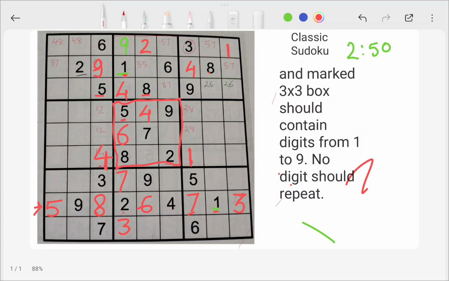In this box only 2 numbers are left, 1 and 3, and 1 we cannot place here, so this is 1, this is 3, and if this is 3 we can eliminate 3 from this cell. Now this is 5, 7, and 3. Okay, our second row is completely solved.